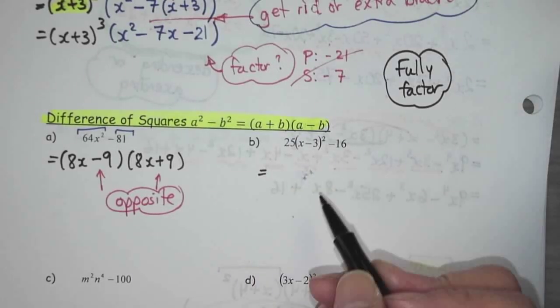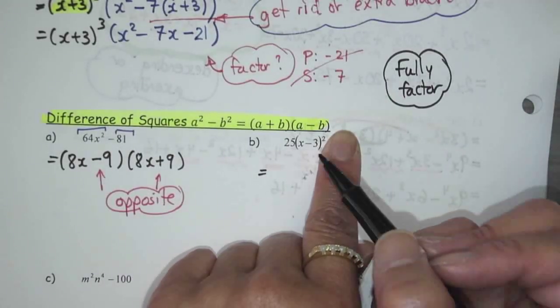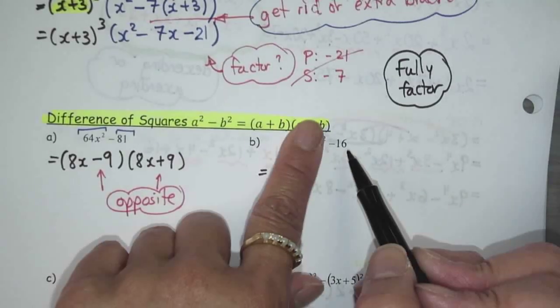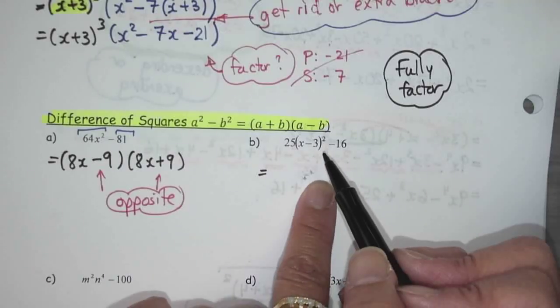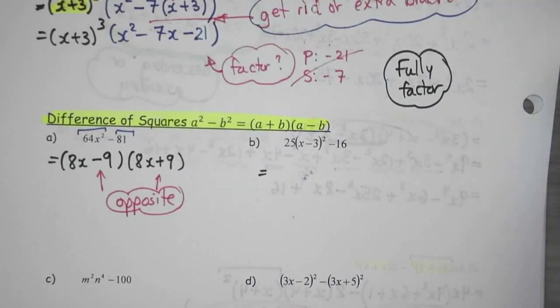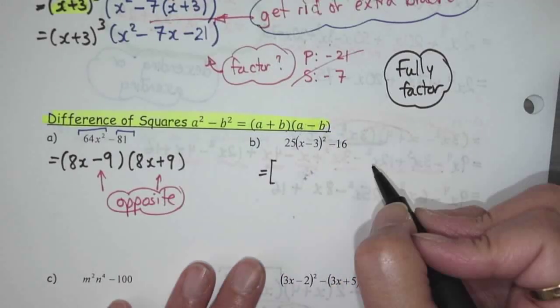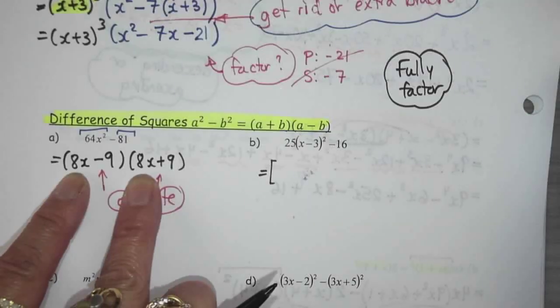Here, is this a perfect square? 5 times 5, x minus 3, x minus 3. It's a perfect square. Is this a perfect square? Yes. Is there a minus in between? Yes. That's why we know it's a difference of squares. So I usually use a square bracket. You don't have to. You can use double round brackets. Just like what I did here, see how I put the 8x and 8x?